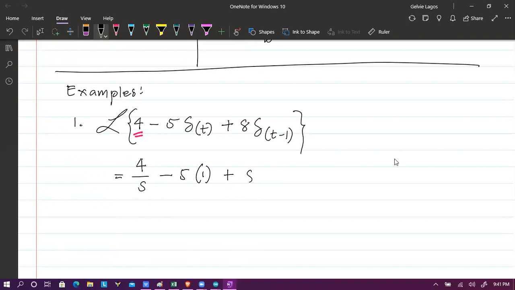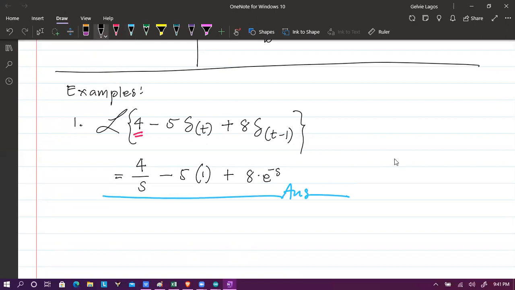Since 8 is a constant, we can just take out 8 and then take the Laplace transform of the Dirac delta function shifted by 1 unit. So this will become e raised to minus ks, or this will become e raised to minus s. So this will be your answer.